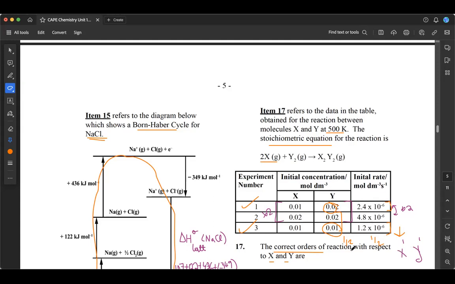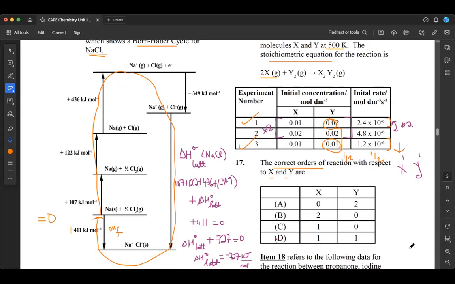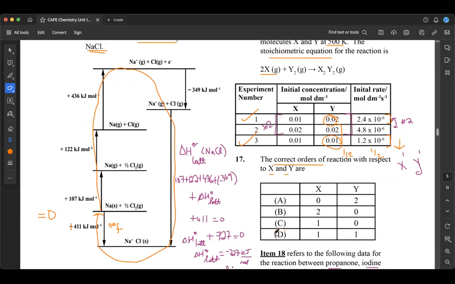So the reaction with respect to X and Y is first order. So we're looking for that, and it turns out that that's D here, okay? So with respect to X, my reaction is first order, and with respect to Y, my reaction is first order. So in both cases, the reaction is first order in respect to both reactants, okay?